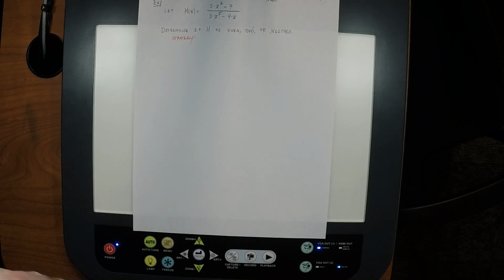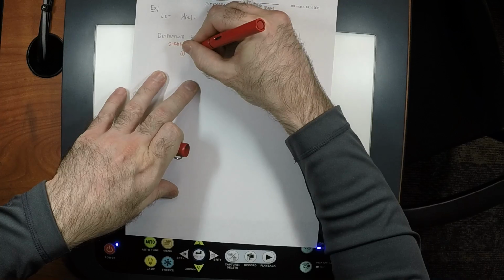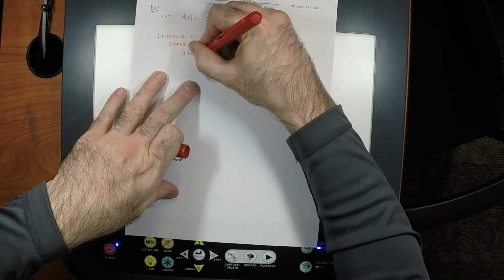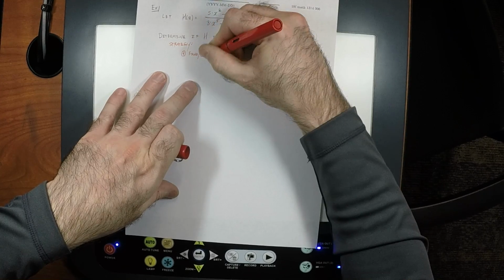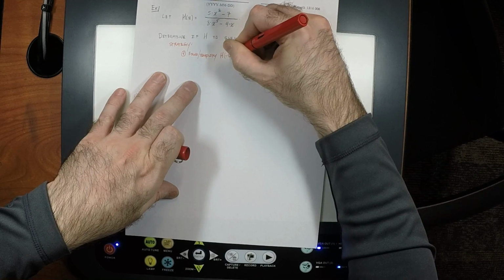So what we'll do is find and simplify h of negative x.